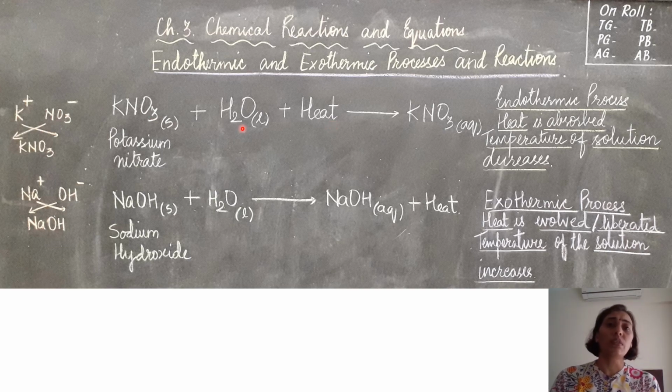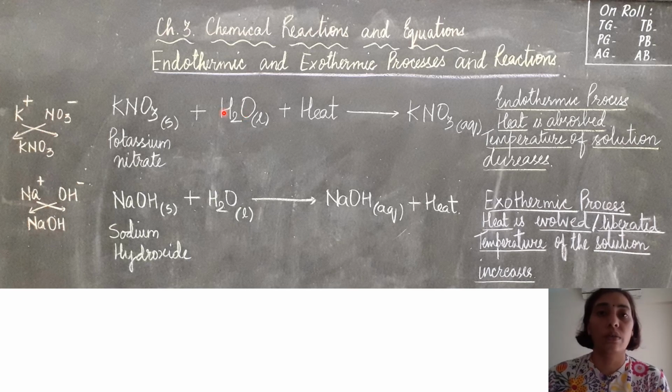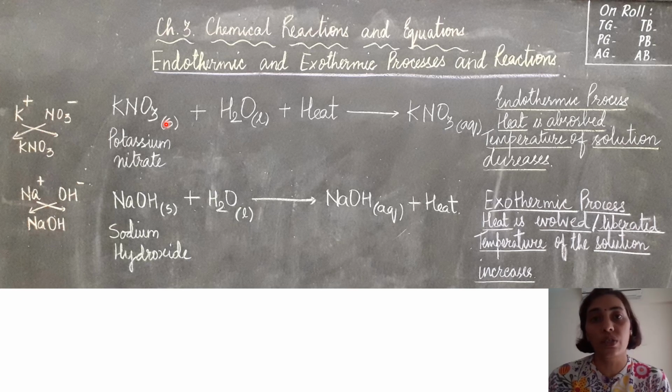So suppose if we start this demonstration by taking tap water. If I have taken tap water, the temperature is somewhere between 20 to 25 degree Celsius. Now when you add KNO3, since heat is absorbed, you will find that the temperature of the solution decreases. Means if it is anywhere between 20 to 25, it will show you temperature less than that.